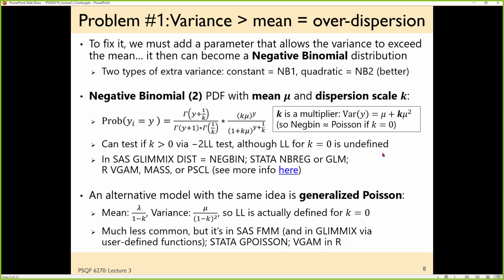So we can think of these two as nested models. If you don't need a K, Poisson is sufficient. If you do need a K, then it's like you've taken a Poisson and added one more parameter to it to make it become something else. So we can do a likelihood ratio test to decide amongst these two.